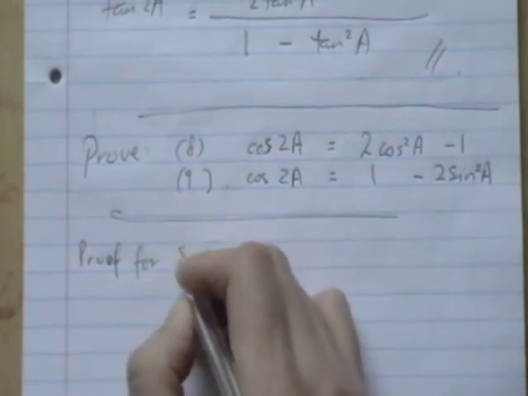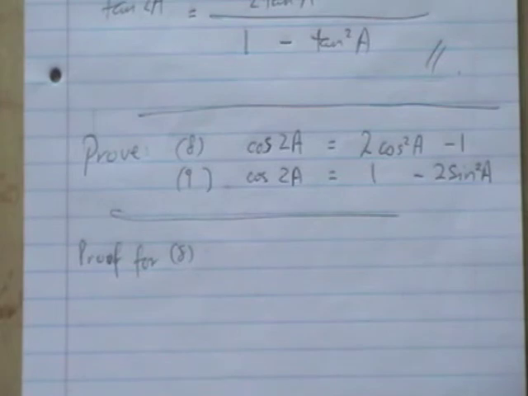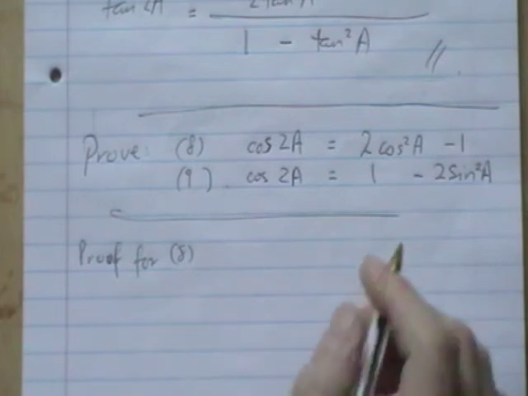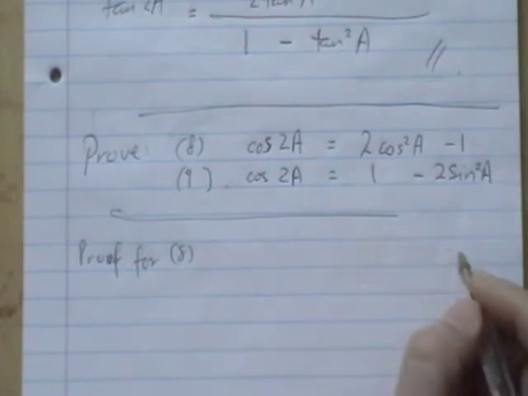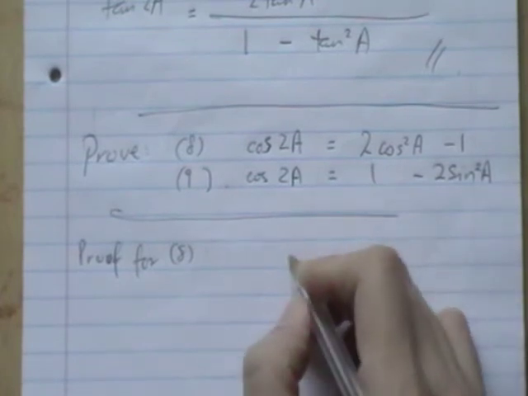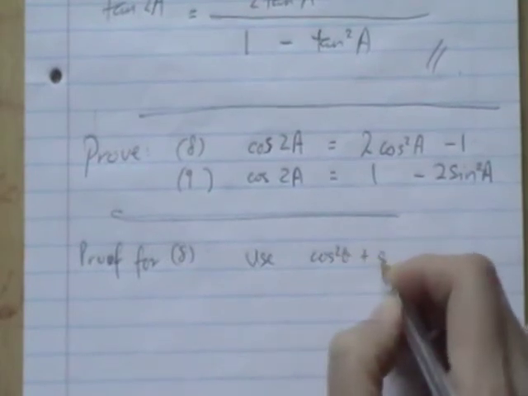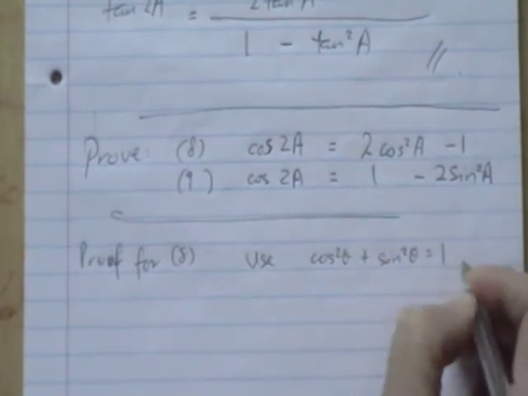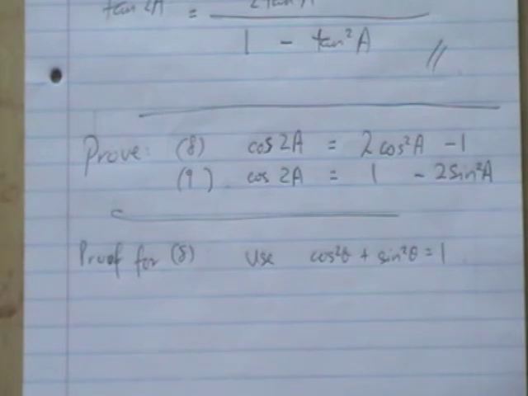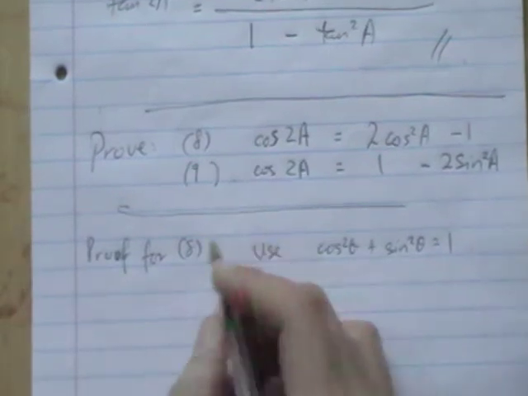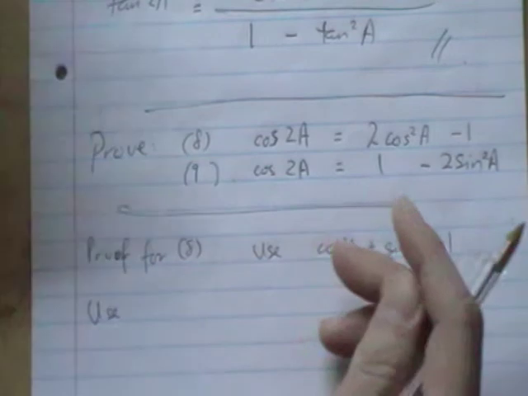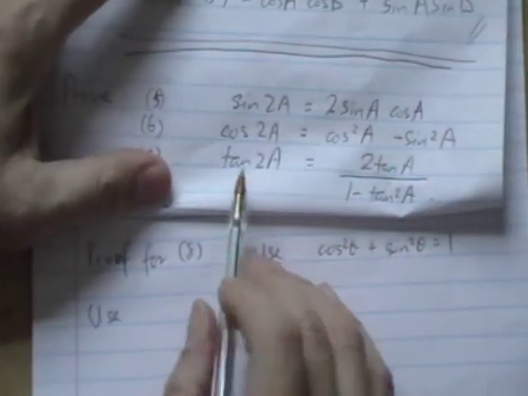for 8. Now in this proof, I need to make use of two identities. I need to make use of cosine squared theta plus sine squared theta equals to 1, which we have seen just now, and I need to make use of also the first identity that we've proven for cosine 2a.